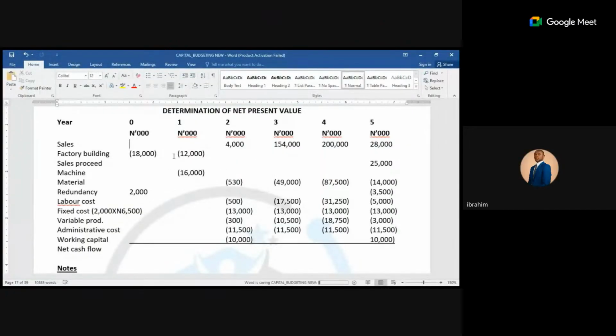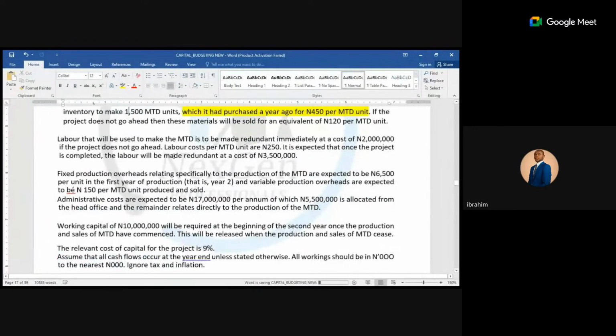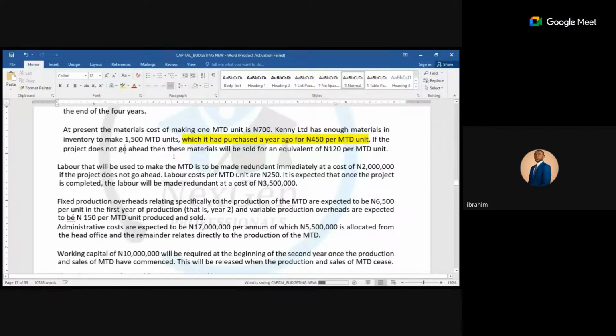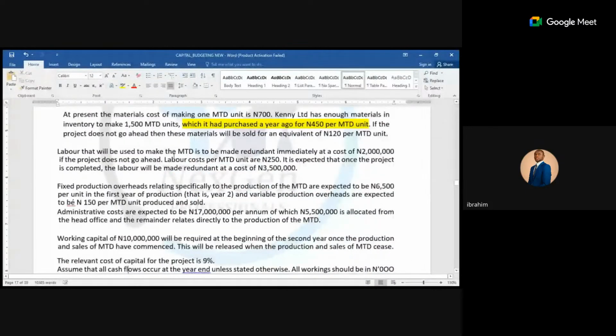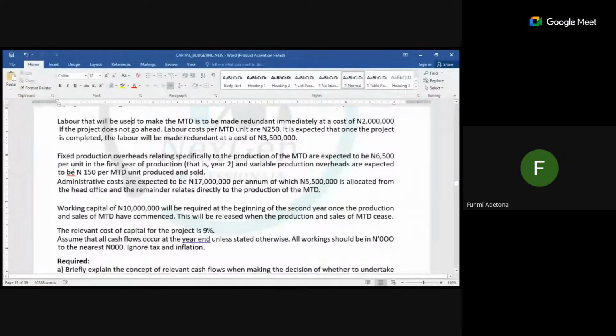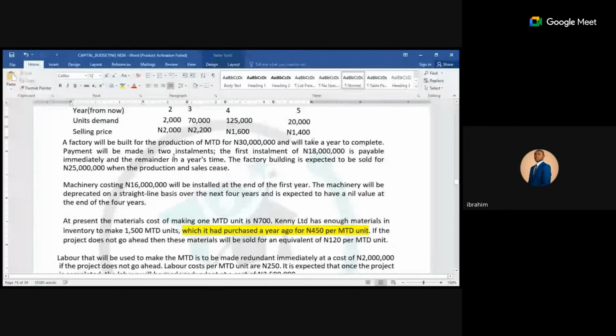I thought as much. Let's check again. Where is the 18 million? Oh, factory building. The first installment is payable immediately. Okay, that's fine.